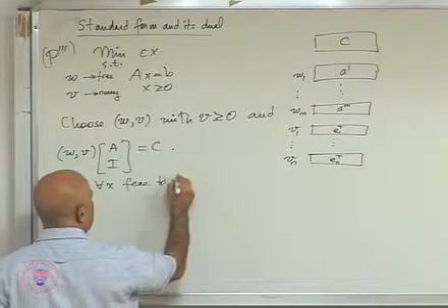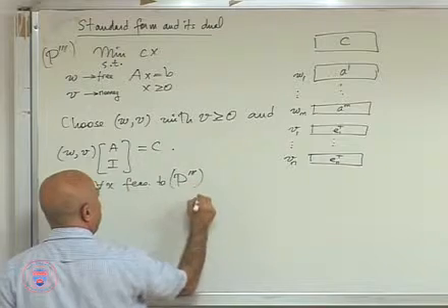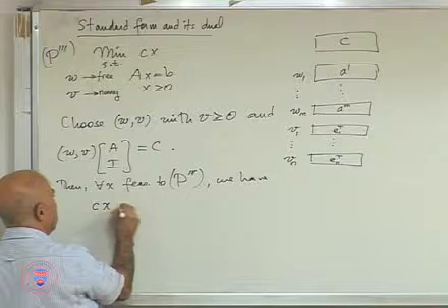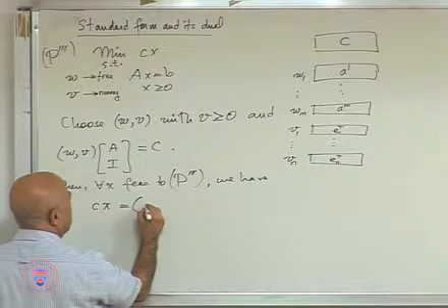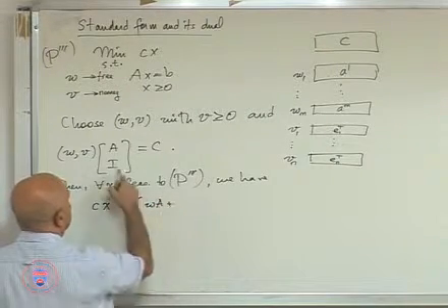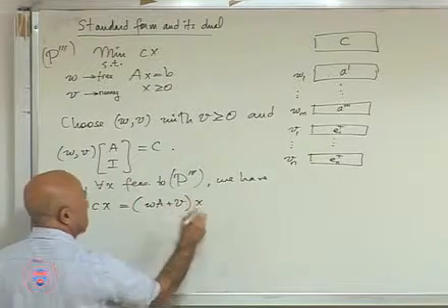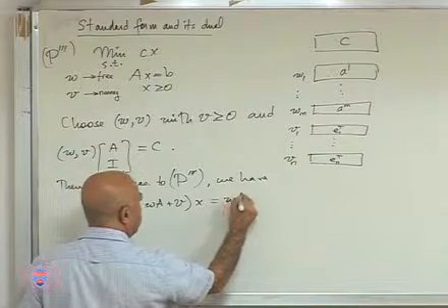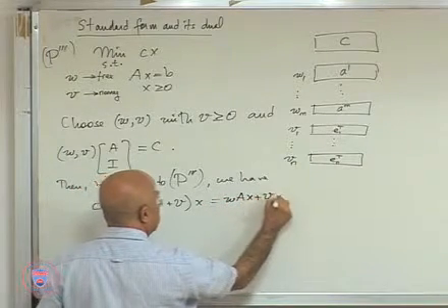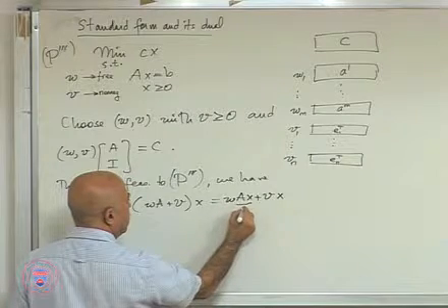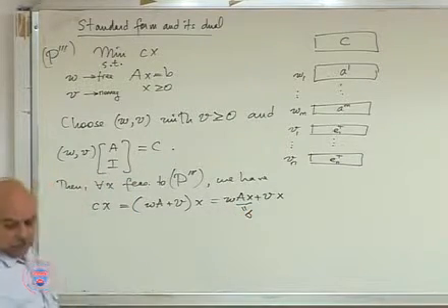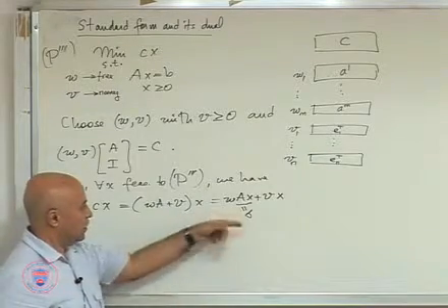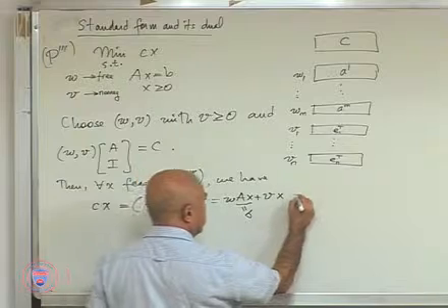For any x feasible to P triple prime, we have Cx, which is again equal to (WA plus V) times x, which gives you WAx plus Vx. Now Ax is equal to B. W is unrestricted in sign, but I don't care because we're just replacing it with B here.